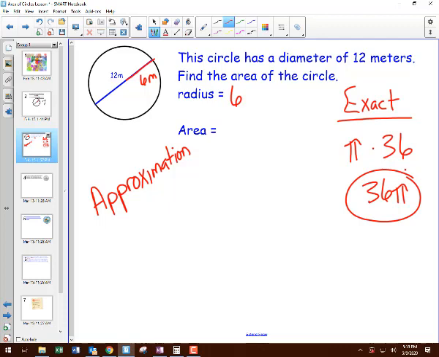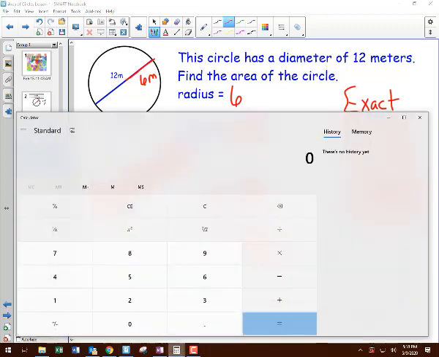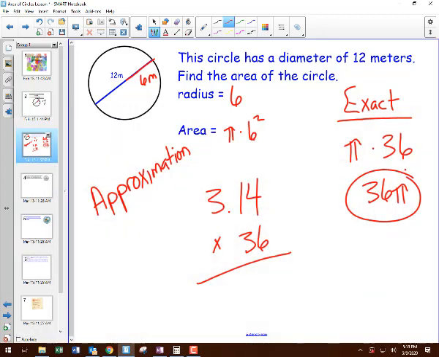Okay, once again we have pi times radius squared. Back to this circle here. All we're going to do is go 3.14 times 36. Okay, more than capable using a calculator to do that. 3.14 times 36.